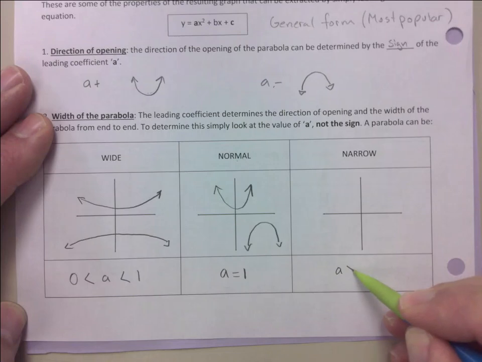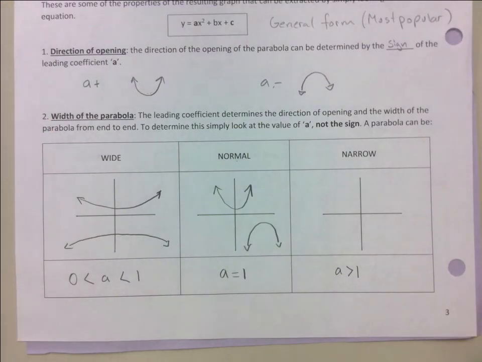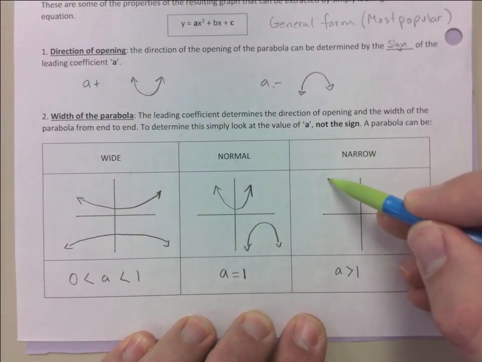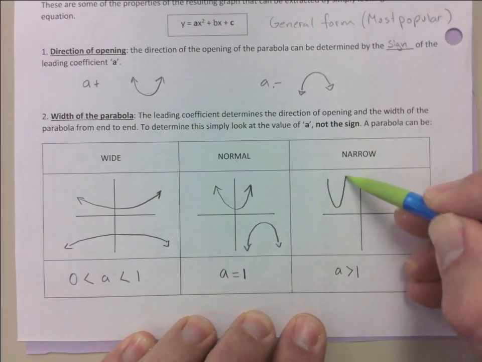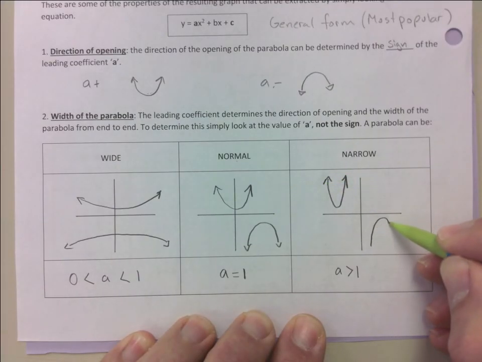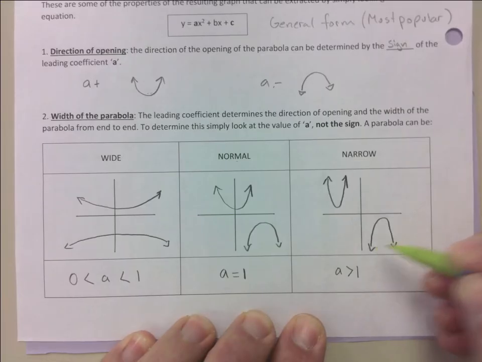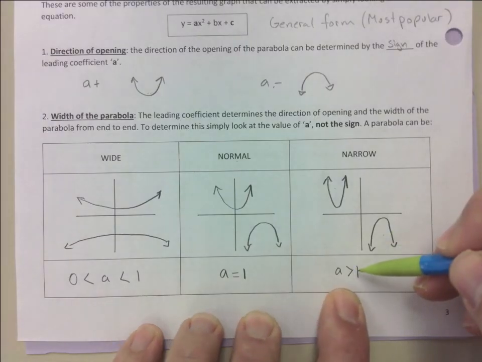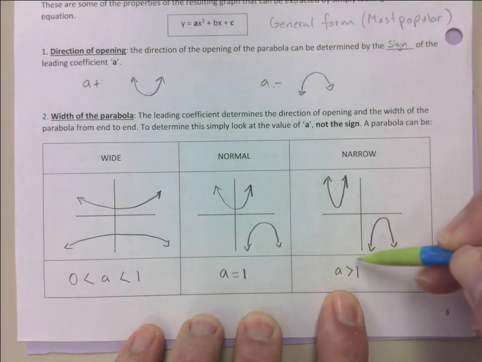If A is greater than 1, okay? So if it's greater than 1, it's going to be very narrow. It's going to do this, right? Narrow, or it could go like this, really narrow. So it could be positive or negative, but we're talking about the actual value being greater than 1.